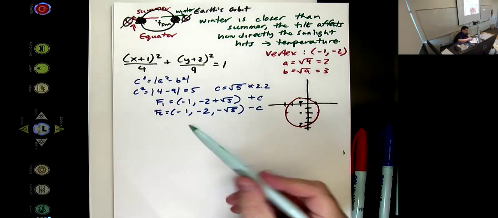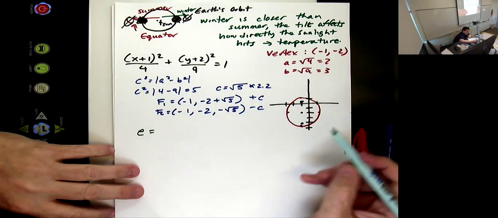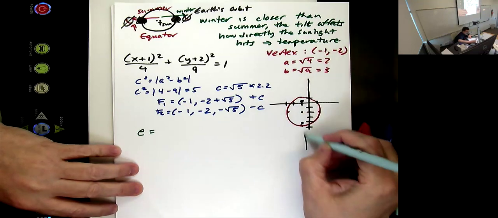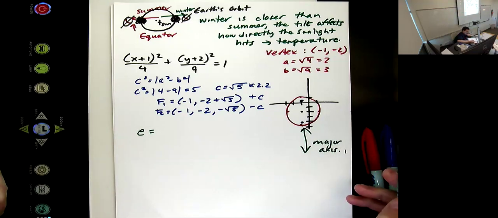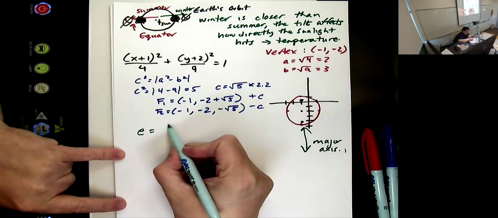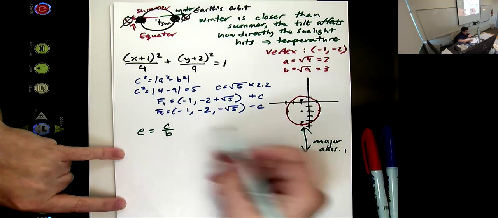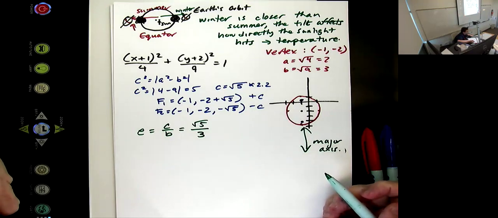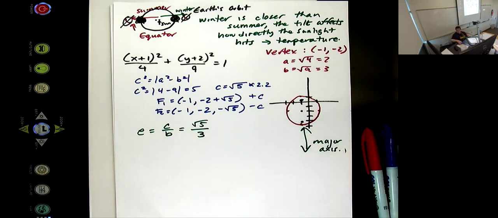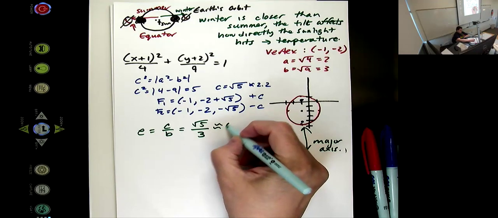Eccentricity. Since the major axis is up and down, we're gonna use B. Know what that is? 0.75. 0.7.